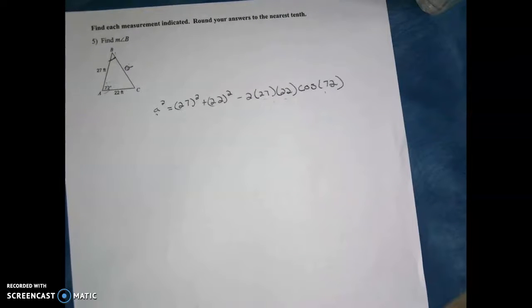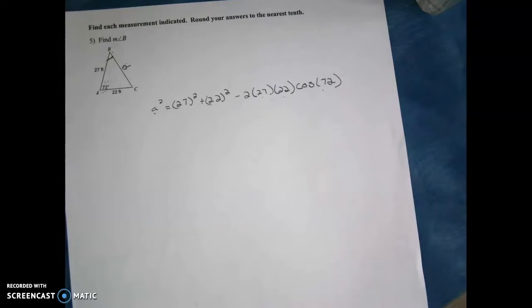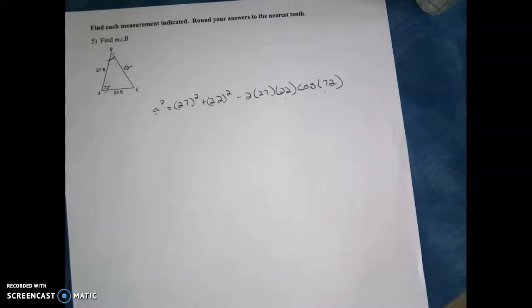Then I'm going to plug this all into my calculator. So I'm going to have 27 squared plus 22 squared. And be very careful how we're plugging into our calculator. Minus 2 times 27 times 22 times the cosine of 72.